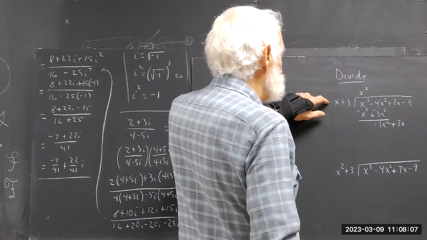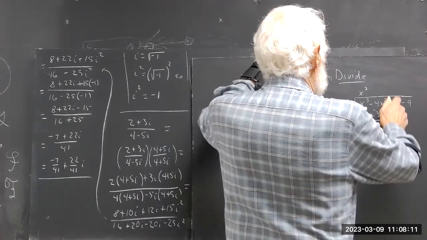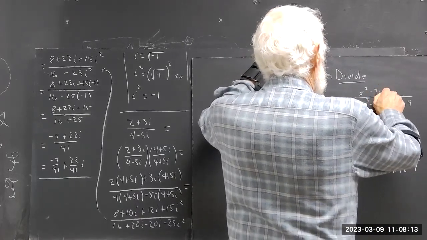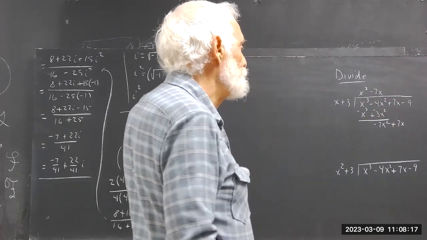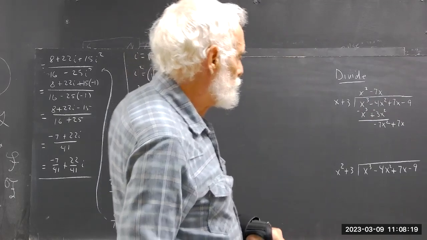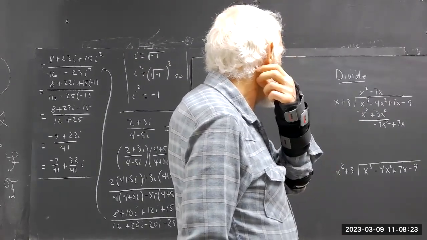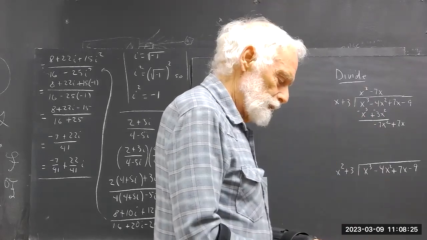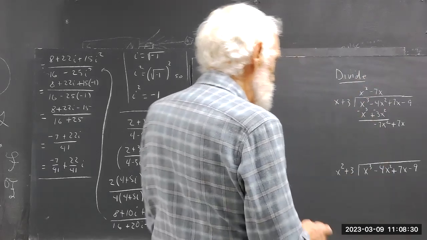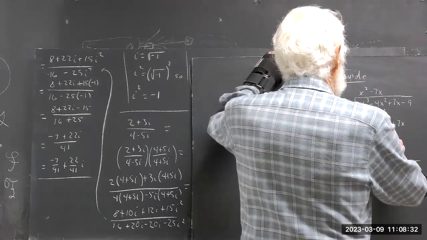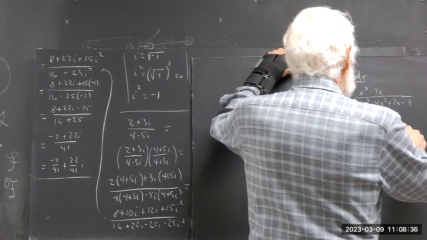Well, x goes into negative 7x squared negative 7x times. So negative 7x times x gives us negative 7x squared, that's going to match up. And then we're going to have minus 21x.